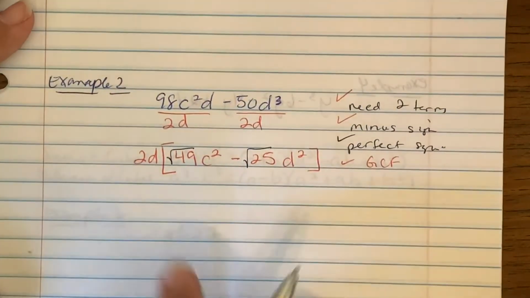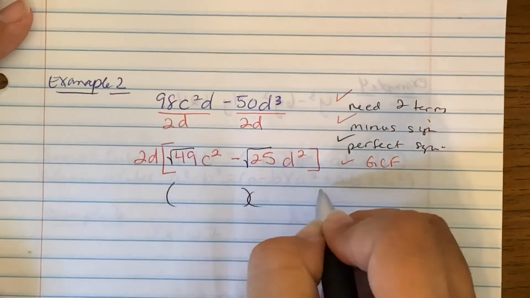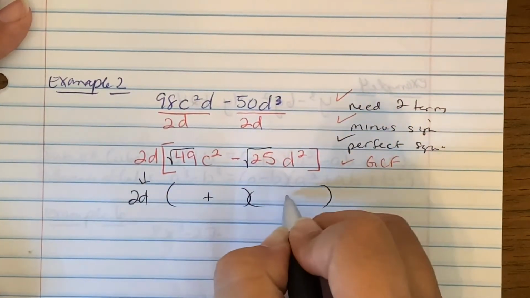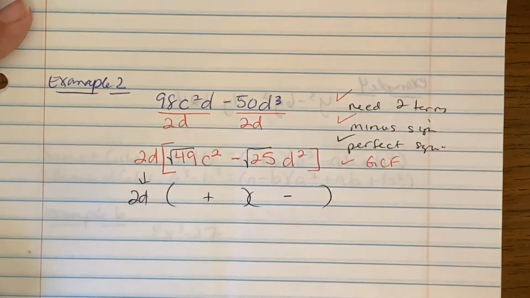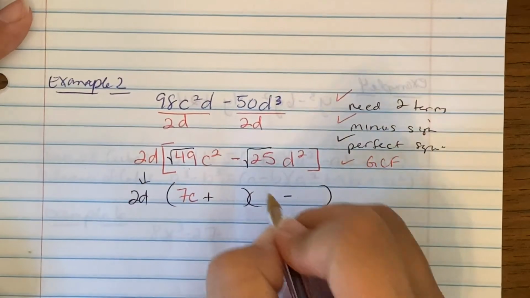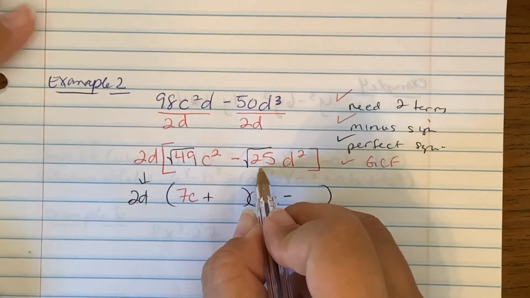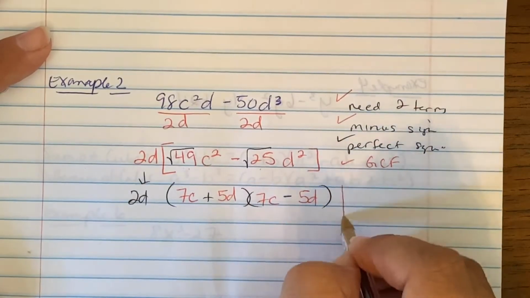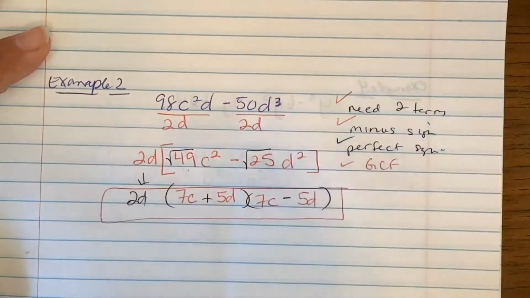Once we get to this point, draw two parentheses, 2d slides down, plus, minus. Square root of 49 is 7 with a c, 7 with a c. 25 is 5 with a d, 5 with a d, and we are factored.